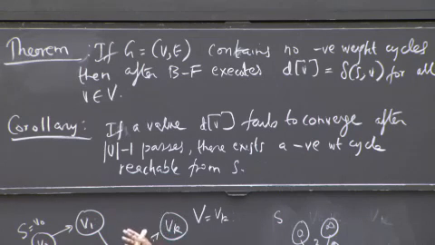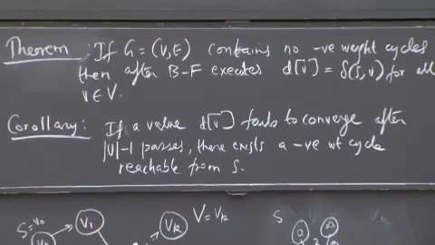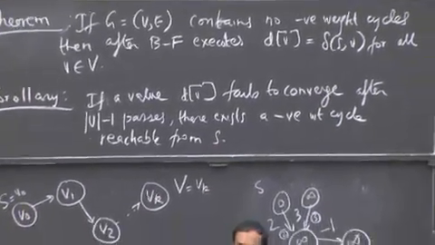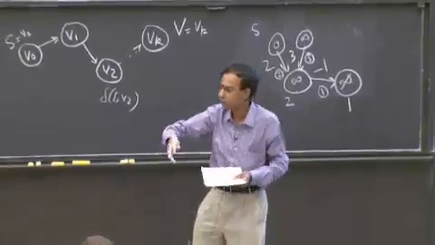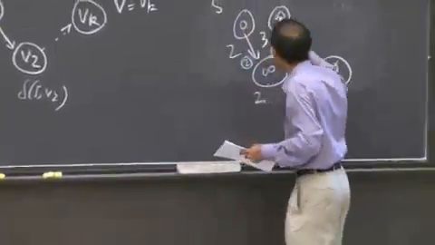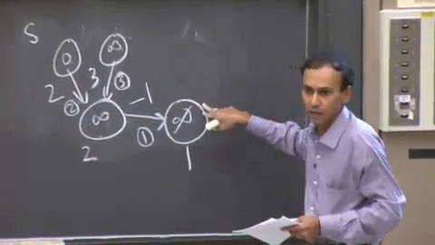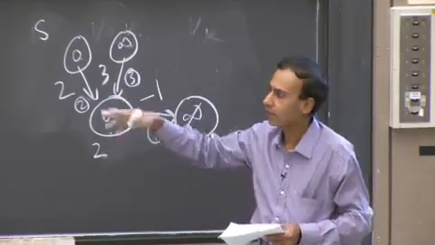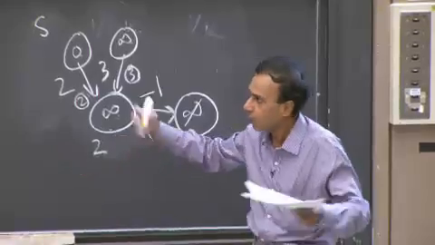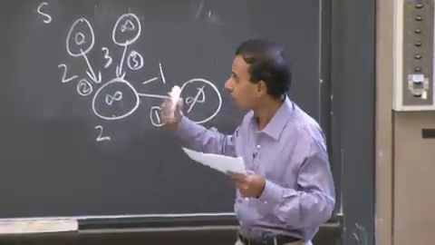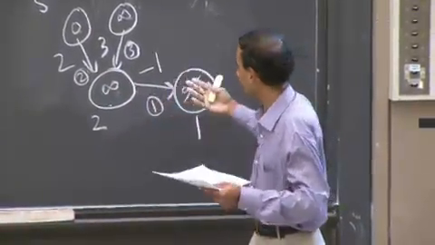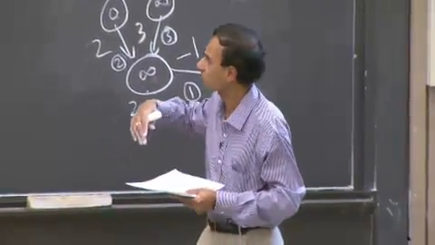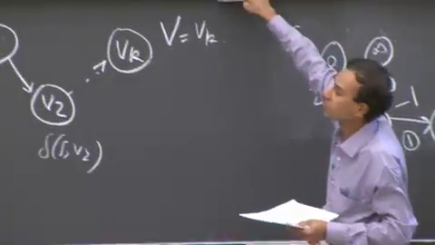Initialize is affected by S. The rest of it isn't affected by S because you're just relaxing the edges, right? Initialize is affected by S because D of S starts out being 0, and the rest of them are infinity. So there is an effect of the choice of the starting vertex, and the rest follows: you will get an undefined value, or you will find that the negative cycle exists, based on whether you can reach it from S or not.